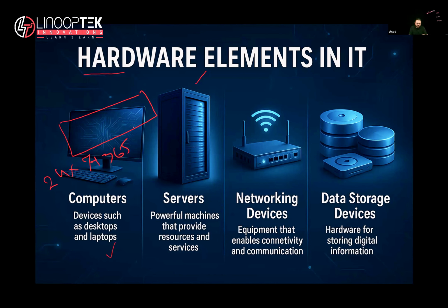And then the second thing is the networking devices. We're going to get into the networking devices. What are the essential networking devices? What is a network? A network is when you take two computers, three computers, four computers, more than that, you form a network. Right now, we are part of a network, a Zoom network.